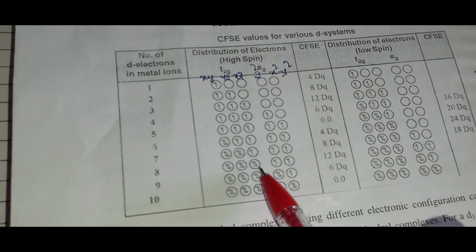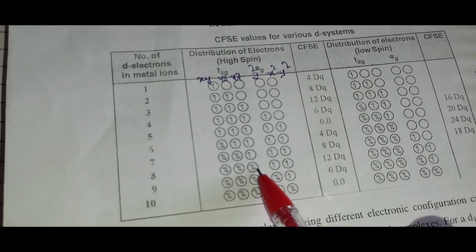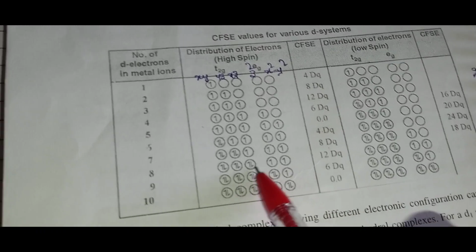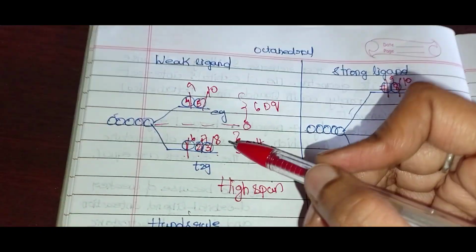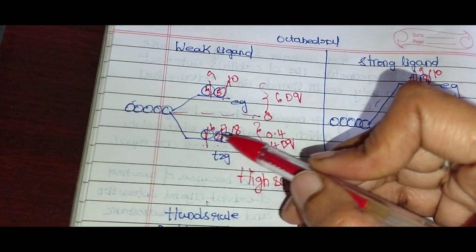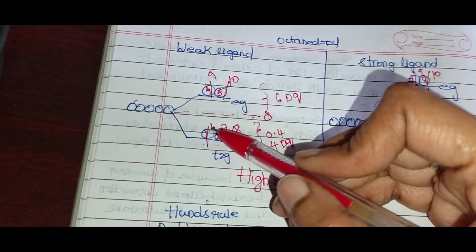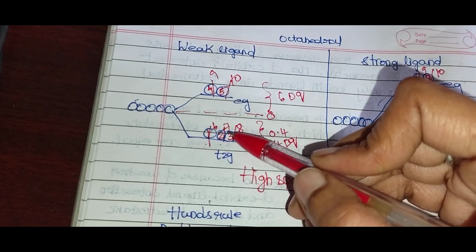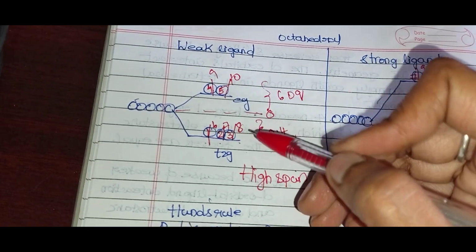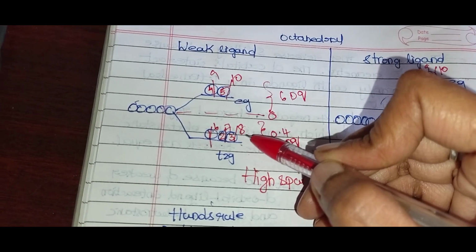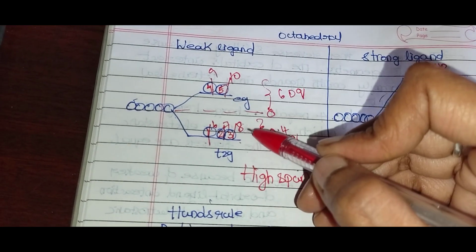When the 8th electron is coming, it is pairing the third electron down in t2g, so 12 Dq. So the 6th electron 4 Dq, the 7th electron 8 Dq, and when the 8th electron is filling, it is 12 Dq.